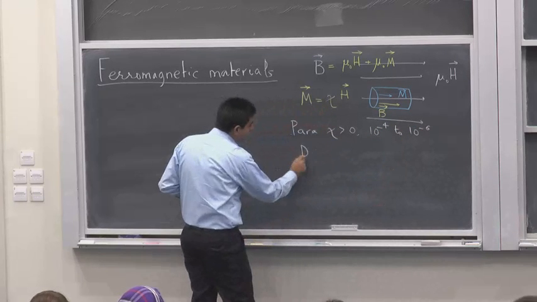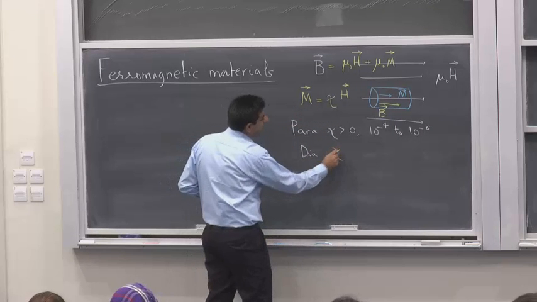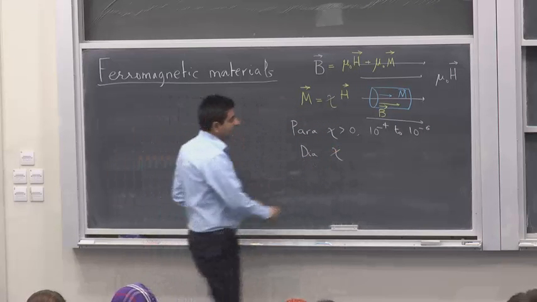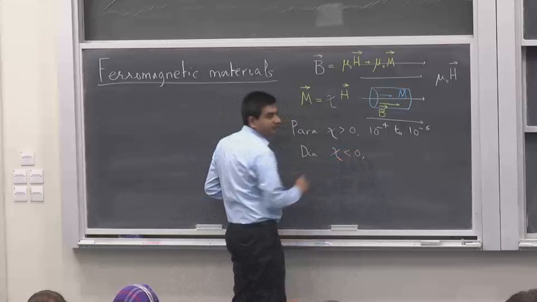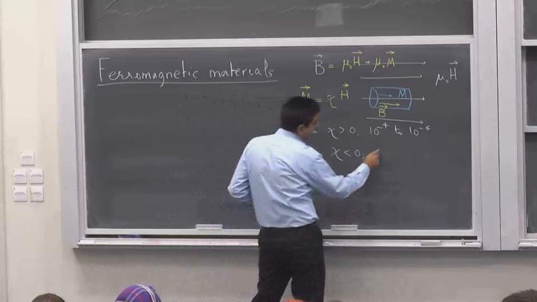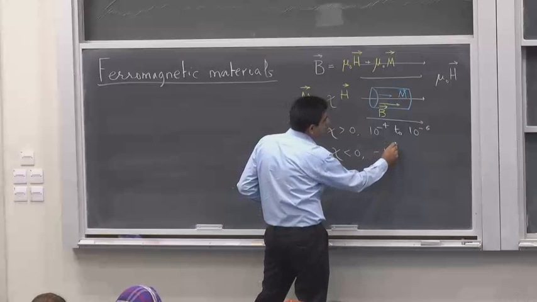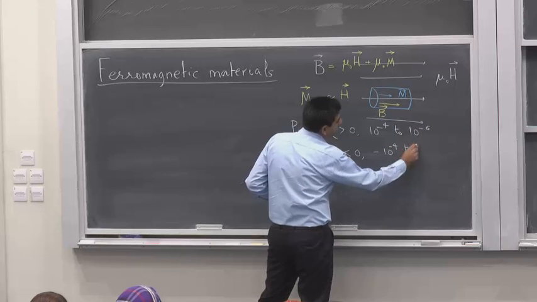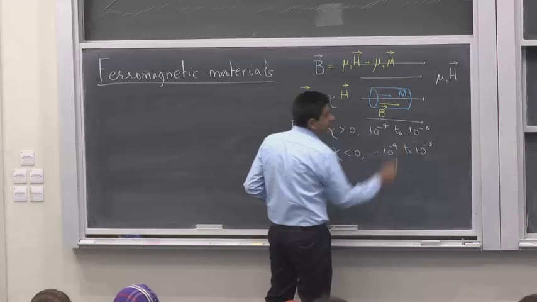For diamagnets, the generally occurring materials, chi is negative, and again the absolute value is really small. It's of the order of 10 to the power minus 4 to 10 to the power minus 3 perhaps.